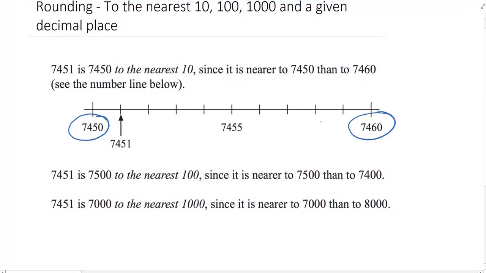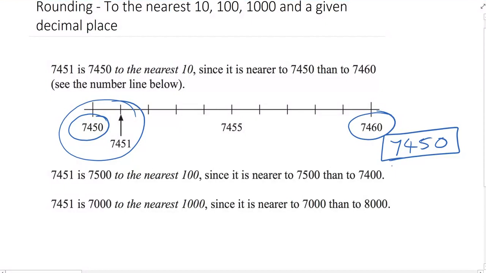The answer can either be 7450 or 7460, because by saying we're rounding to the nearest 10, we're saying that there's nothing in any of the units columns, right? We've got a clear choice. And you can see from the arrow that the answer is obvious. We're going to be at 7450. So rounding is about identifying which of these markers is it closest to.